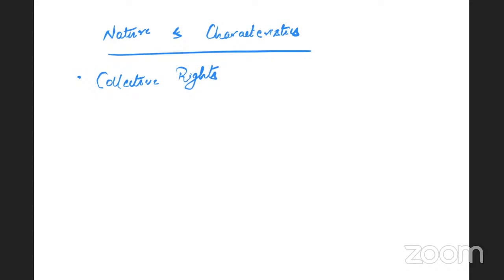These are not individual rights, but collective rights of a just and egalitarian society with equal social and economic opportunity.